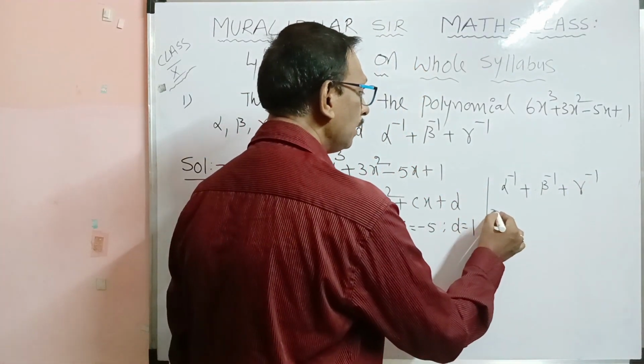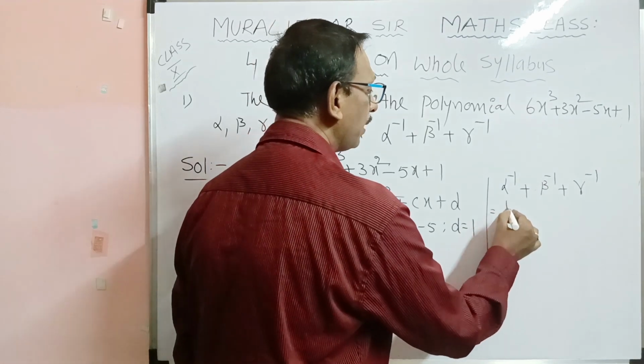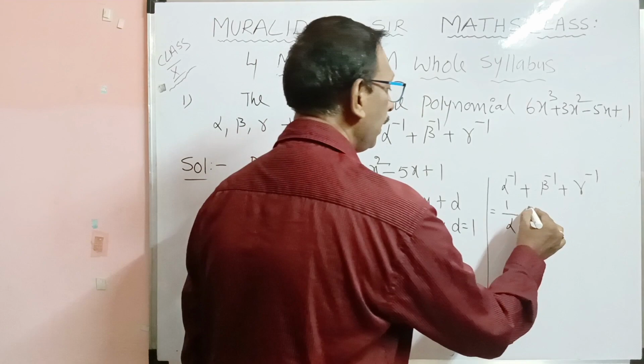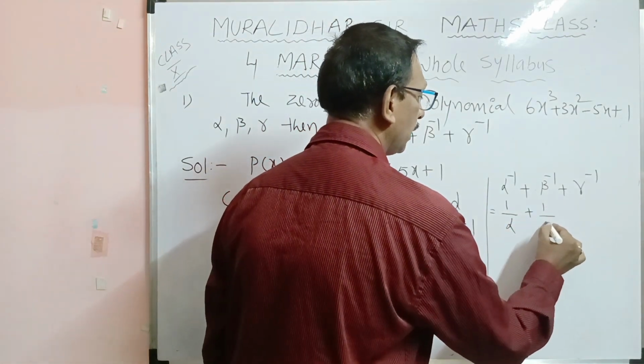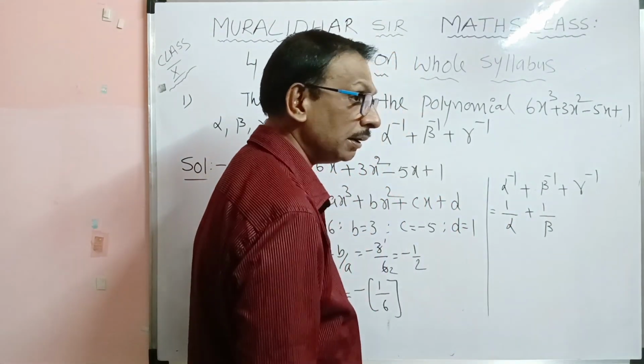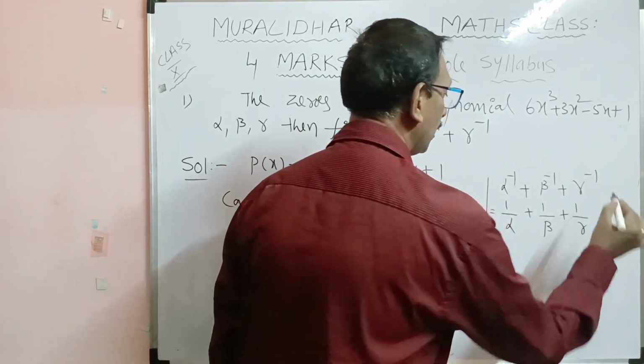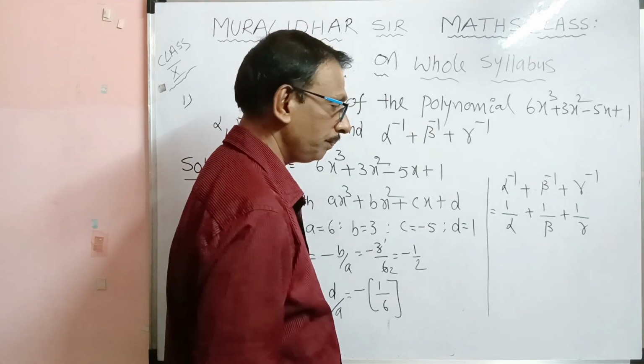We know that alpha to the power of minus 1 can be written as 1 by alpha, beta to the power of minus 1 can be written as 1 by beta, and gamma to the power of minus 1 can be written as 1 by gamma.